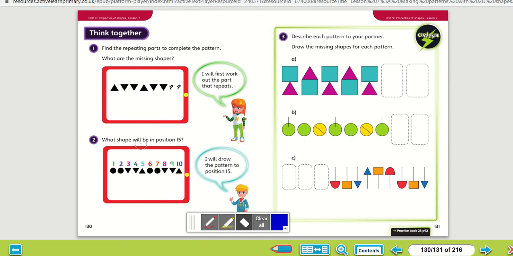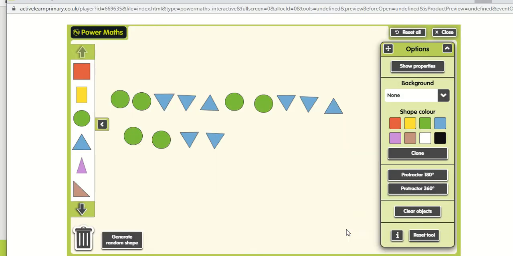So which shape will be in position 15? I will draw the pattern to position 15. Let's do it together. So 1, 2, 3, 4, 5, 6, 7, 8, 9, 10, then 11, 12, 2 circles, then 2 upside down triangles and 1 regular triangle.